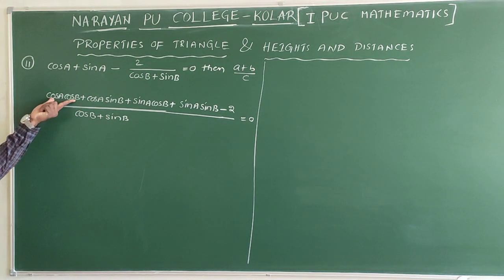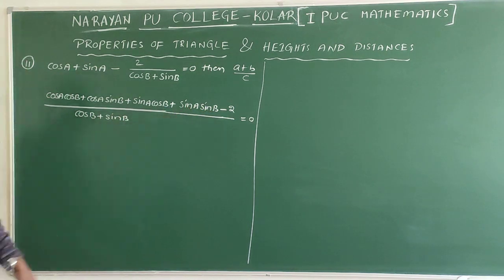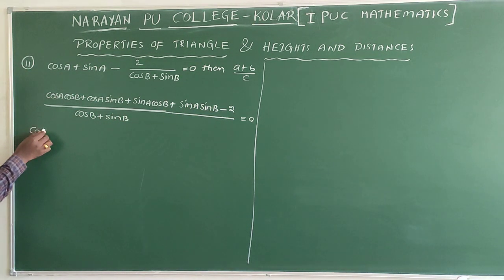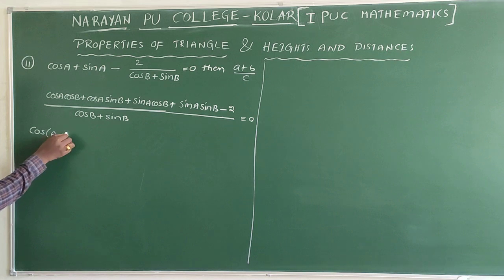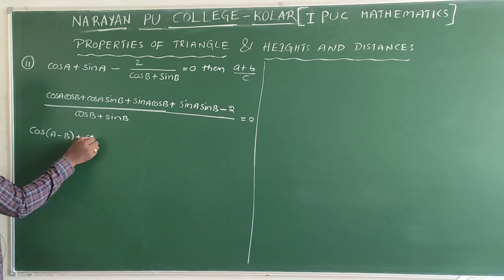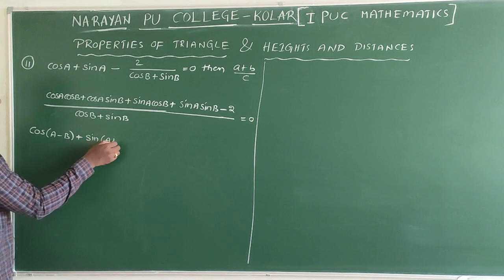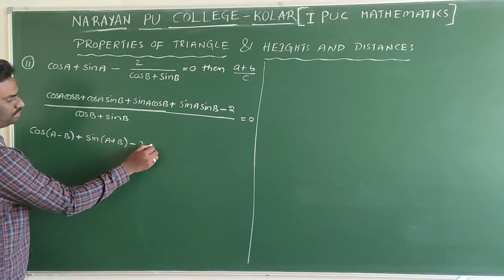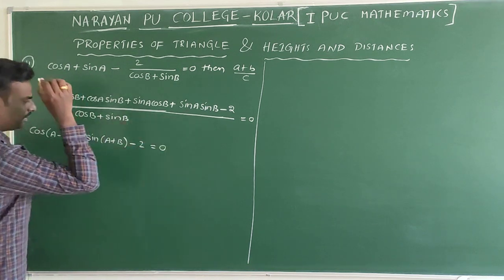In place of cos A cos B plus sin A sin B, I can write cos of A minus B. In place of sin A cos B plus cos A sin B, I can write sin of A plus B. Minus 2. Anything into 0, it becomes 0.